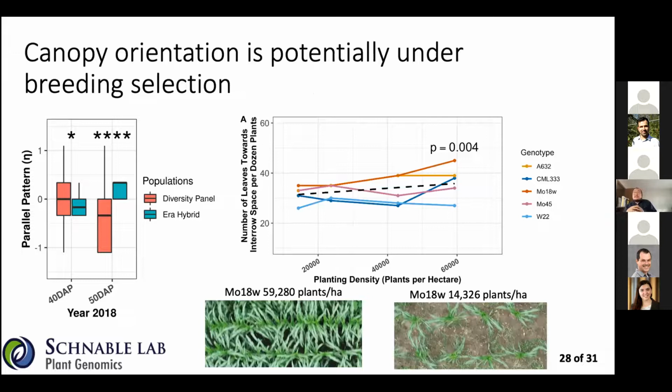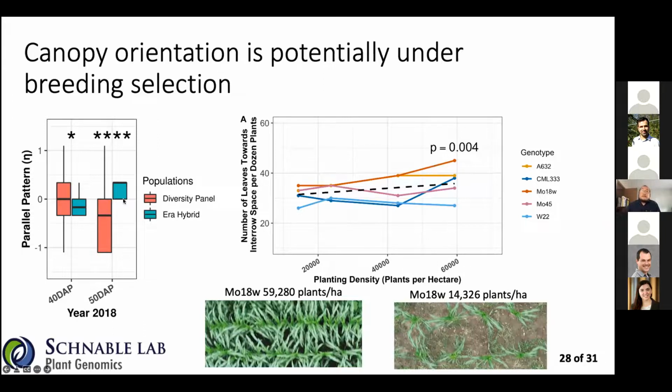And in addition, we also tested some Pioneer era hybrids in 2018. From 40 days after planting to 50 days after planting, you can see the era hybrid at 40 days after planting has a median parallel pattern lower than the diversity panel.